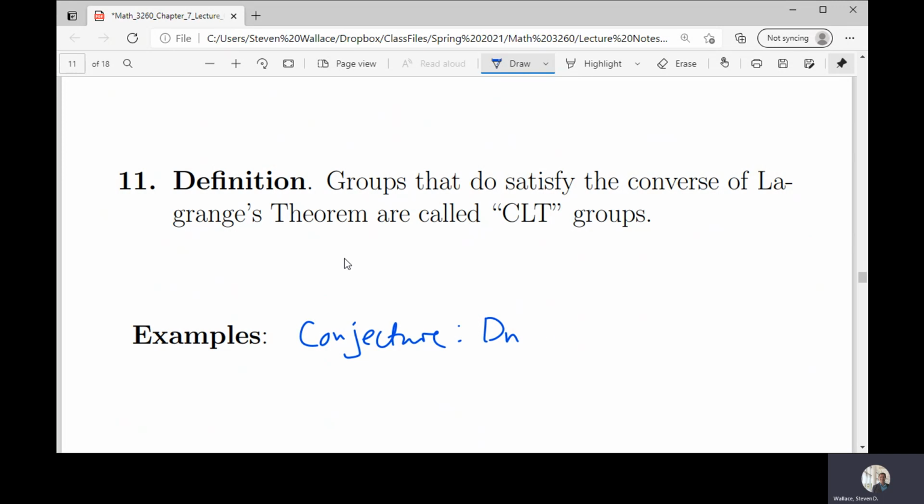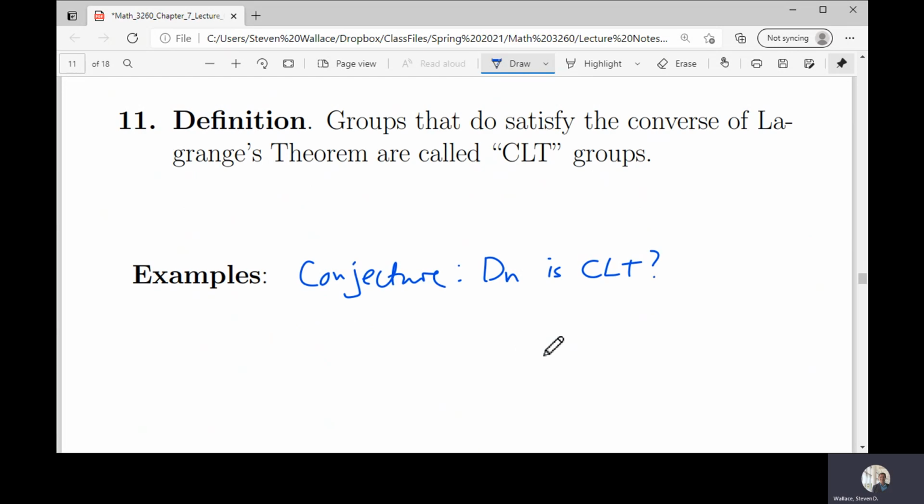Okay, if you wanted to, think about if that's true or try to prove that, or disprove it maybe. You could do that for extra credit. We know that cyclic groups, those are CLT.